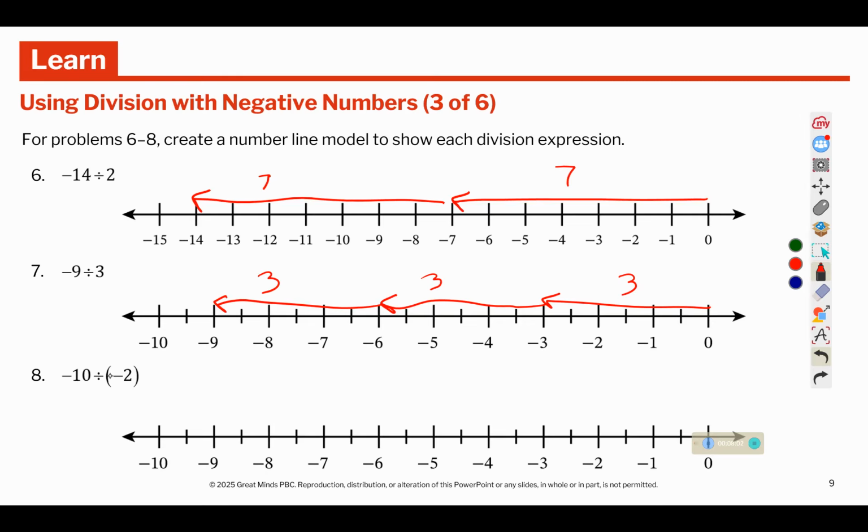Negative 10 split into negative 2 groups? No, that doesn't make sense. What about negative 10 split into groups of negative 2? Yeah, that works. So we're going to create groups of negative 2 until we get to negative 10.